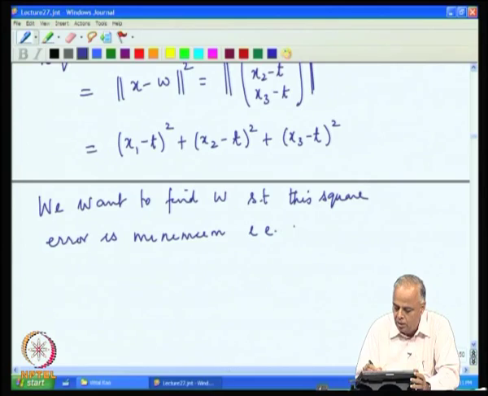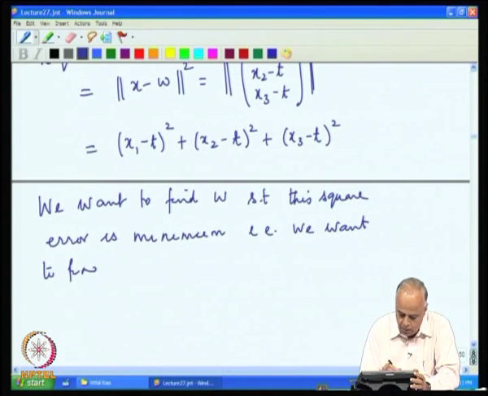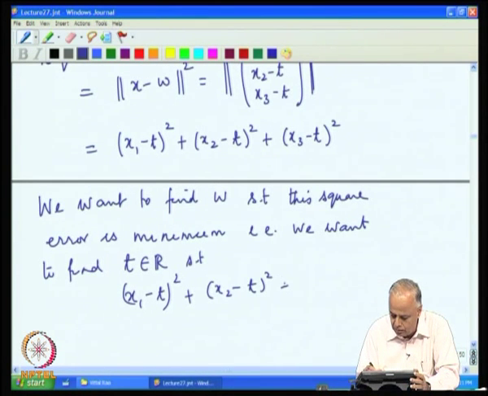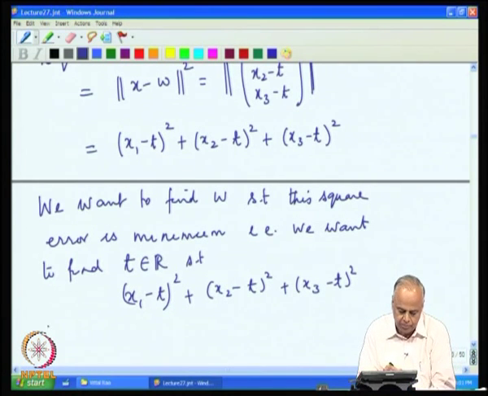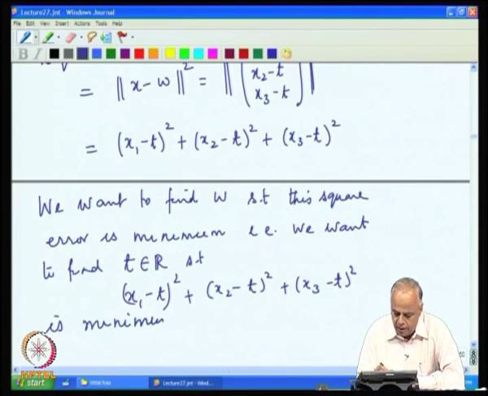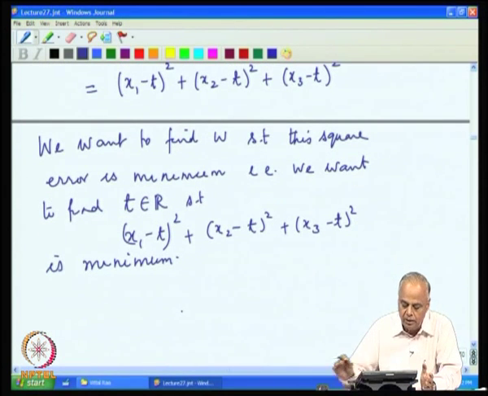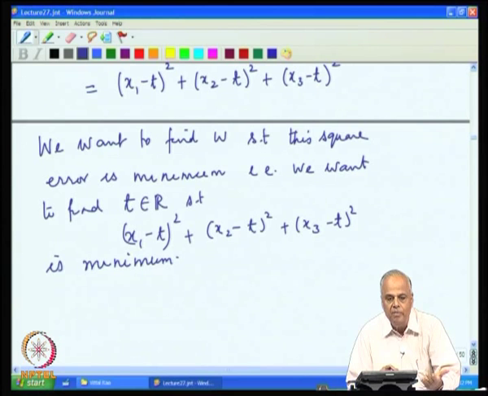That is, we want to find t in R such that the error squared, (x1 - t)^2 + (x2 - t)^2 + (x3 - t)^2, is minimum. We are given the vector x, and therefore x1, x2, x3 are fixed. So we have to treat this as a function of t and find the minimum.